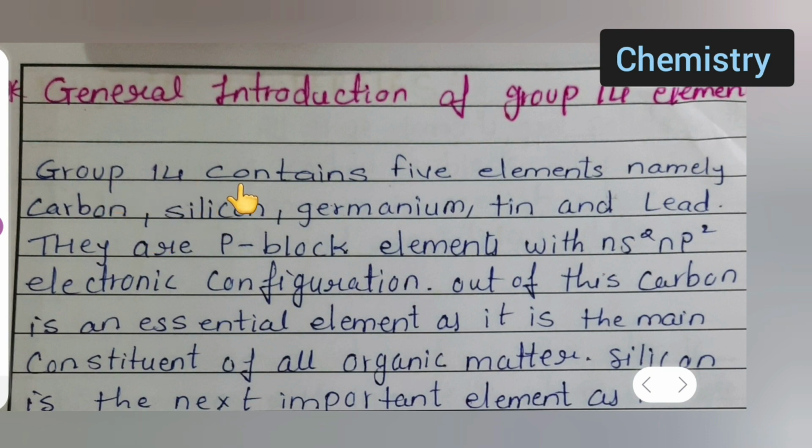Group 14 contains 5 elements, namely carbon, silicon, germanium, tin, and lead. These are p block elements with ns2 np2 electronic configuration. Out of this, carbon is an essential element as it is the main constituent of all organic matter.